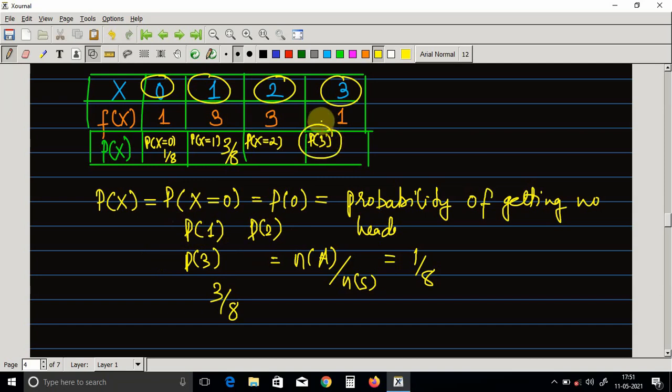This is the probability of getting 3 heads. This is again 1 by 8. What about this probability of 3 by 8? Let me clear this and write down only the probabilities. So the probabilities are 1 by 8, 3 by 8, 3 by 8 and 1 by 8.